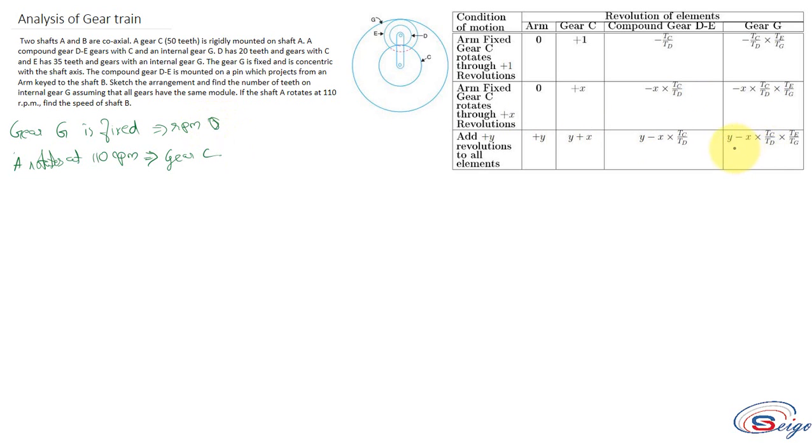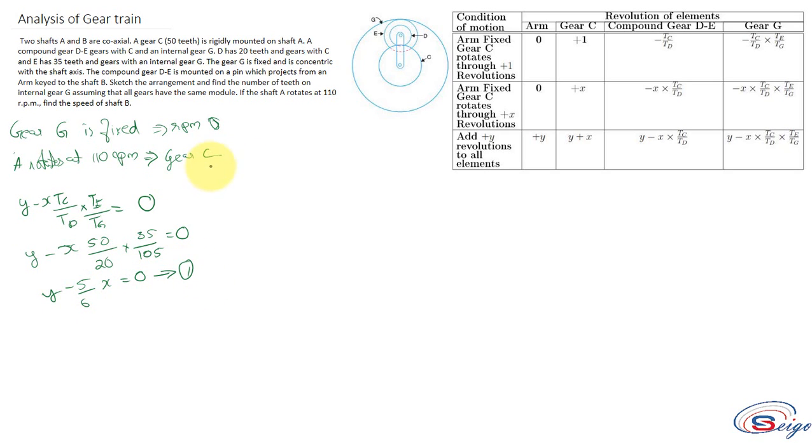From the table, the equation for gear G is Y minus X into TC by TD into TE by TG equal to 0. With TC equal to 50, TD equal to 20, TE equal to 35, and TG equal to 105, upon solving we get the equation Y minus 5 by 6 into X is equal to 0. So this is your first equation.